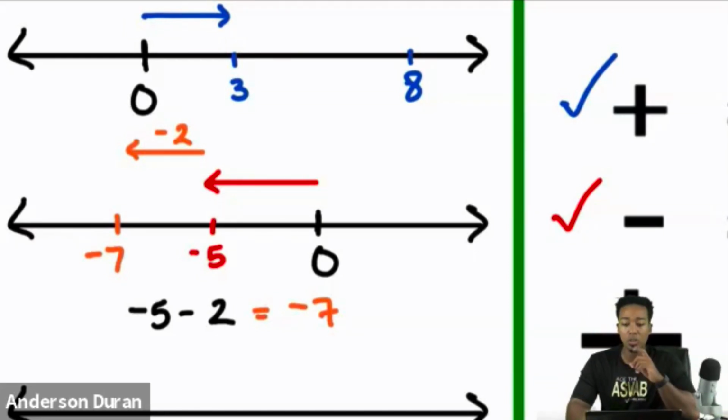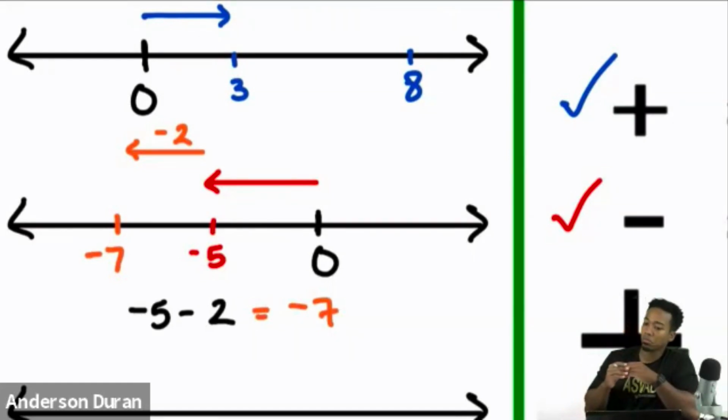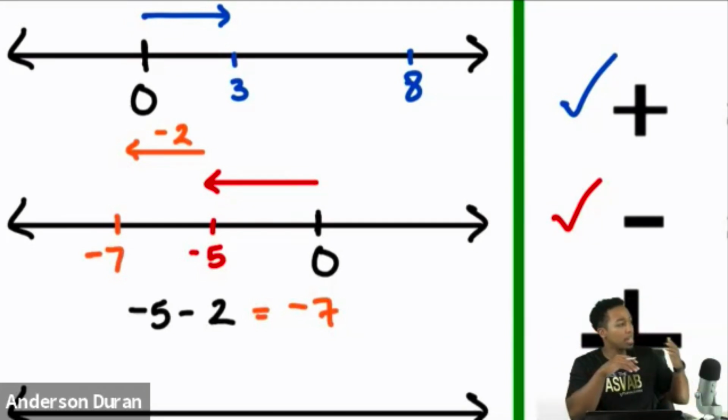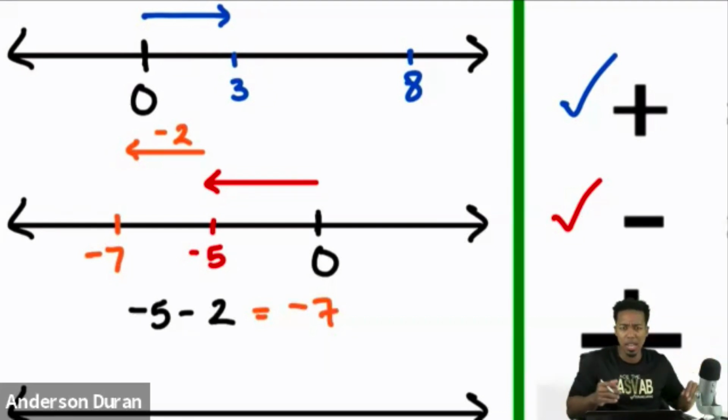But here is where it gets even juicier. So we talked about, okay, if we're positive and we're adding, more positive. If we're negative and subtracting, more negative. So just add the numbers, keep it negative. But this is the tricky part with the adding and subtracting negatives.